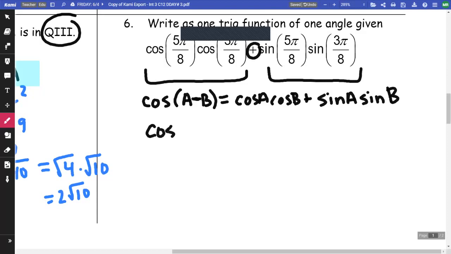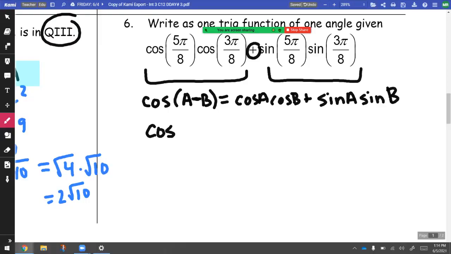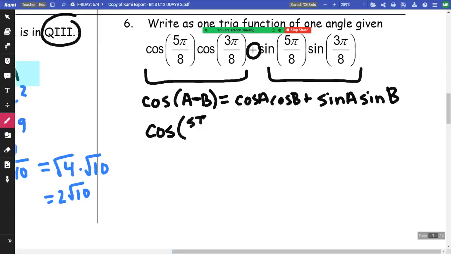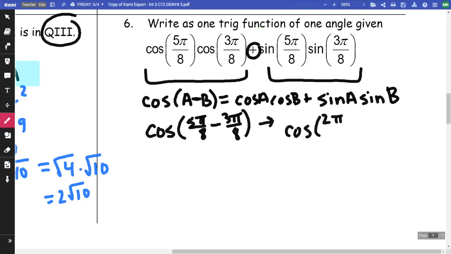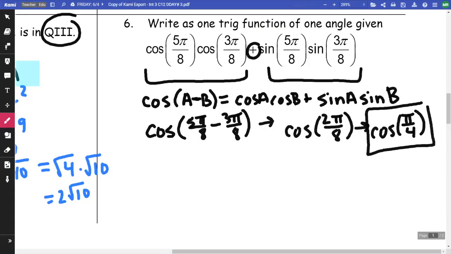So I'm going to have cosine of 5 pi eighths minus 3 pi eighths, which is cosine of 2 pi eighths, which is cosine of pi fourths.